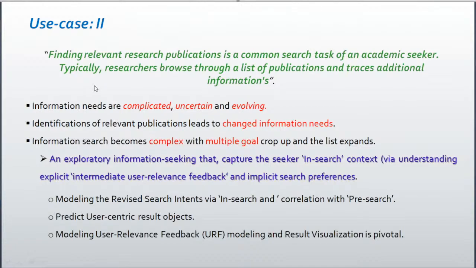After typing this keyword, you will get hundreds of research articles, and after looking at these hundred articles, your interest will change, or maybe your search goal will become a more complex one, because the list may be expanded. So what we are trying to emphasize is that the behavior at the second stage of search is important for the next retrieval.